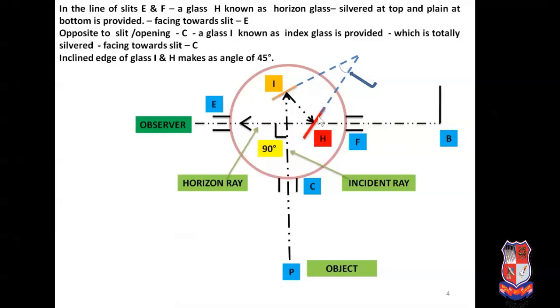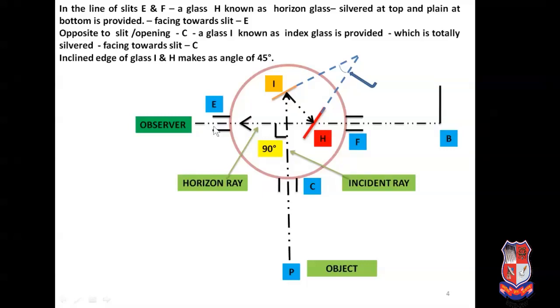You can see in this figure, this is the horizon glass H. It is silvered at top and plain at bottom, which is facing towards the slit E. So this glass, top half is like a mirror surface, and the bottom half of this H glass is plain, means we are able to see through that bottom half portion on the other side, and the face of this H glass is towards the slit E.